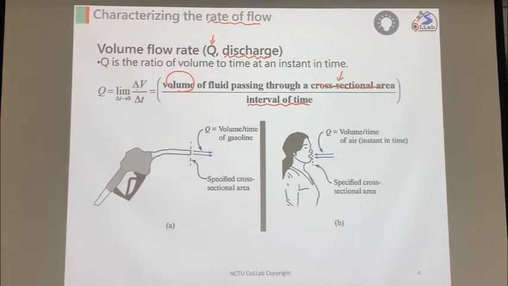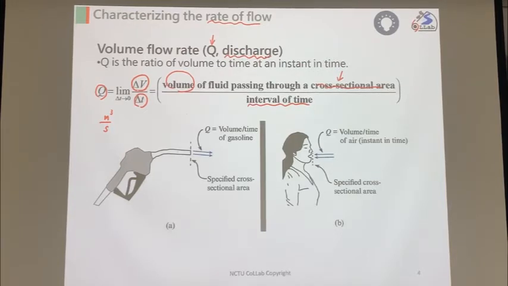So you have delta V divided by delta T. This is our discharge, and the unit is meters cubed per second, because you identify how much volume is exchanged when you fix one cross-section area.